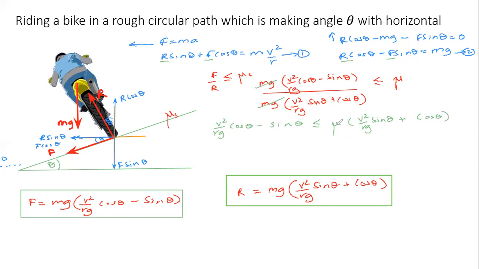Then I multiply this mu into the brackets, so here multiply with mu and here mu. Now I consider this term v squared over rg, and here also v squared over rg, so I take these two terms to one side. We have v squared over rg common.